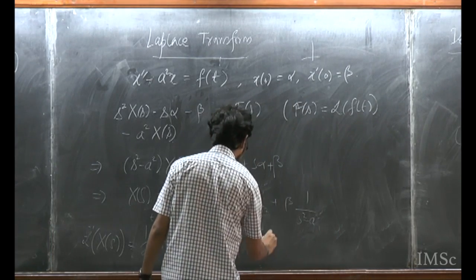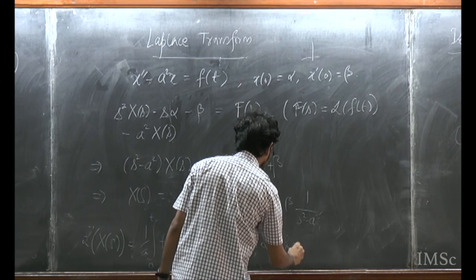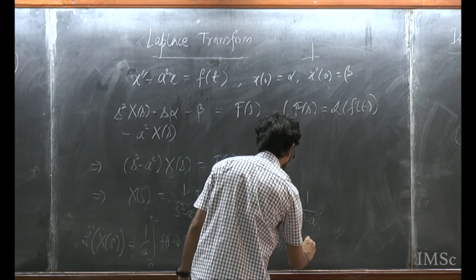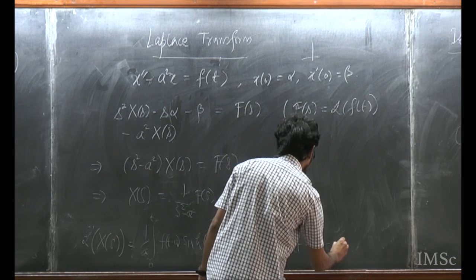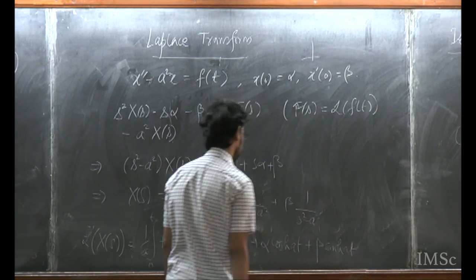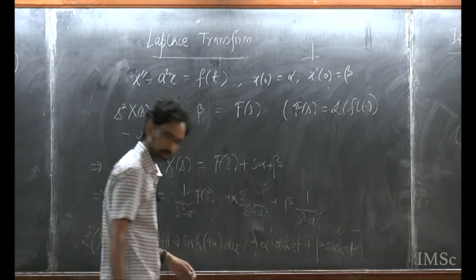So this is just alpha hyperbolic cos of at plus beta sinh of at, and this 1 over a is, or I think the whole thing. Let me check.